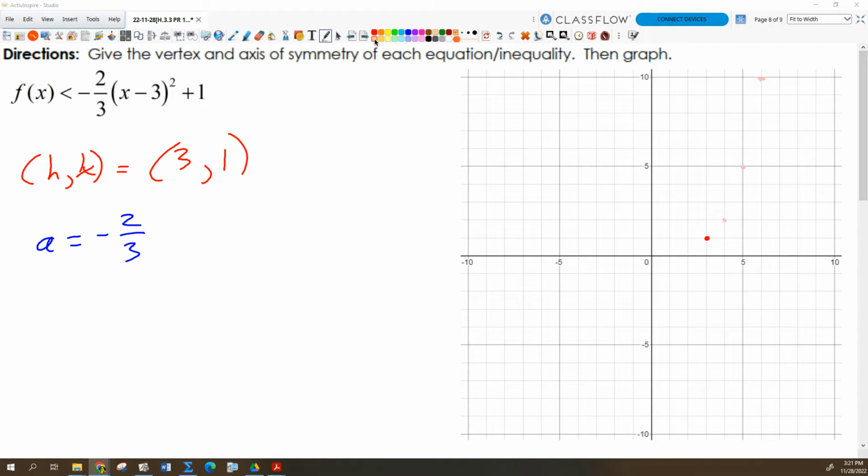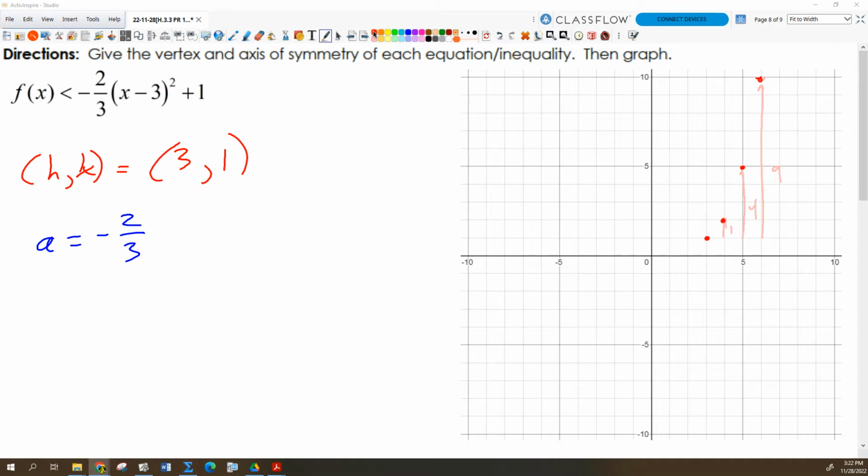Which of those would be the most convenient height to use? 1, 4, or 9? Are you guys wondering why we went up 9? Okay, that makes sense to everybody? Okay, so which one would be the most convenient one to multiply by negative 2/3? 9, yeah, right? Because 9 is a multiple of 3.